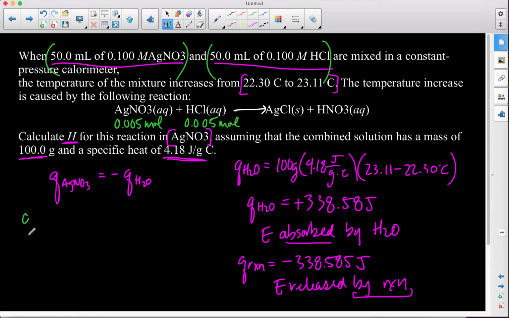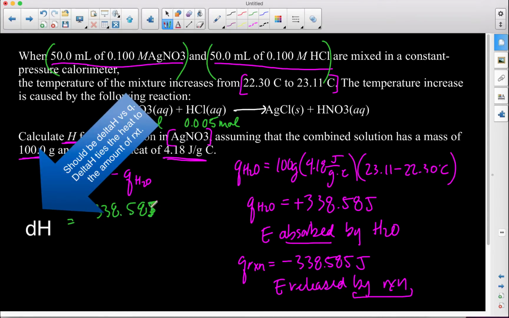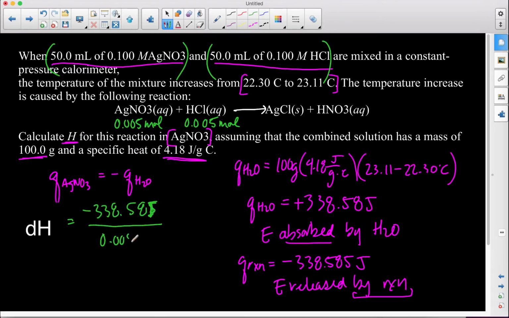So now, in order to find the Q as it relates to AgNO3, we're going to take our negative 338.58 joules. I think it's just supposed to be 58 joules, yes. And we're going to divide that by 0.005 moles of AgNO3, okay?